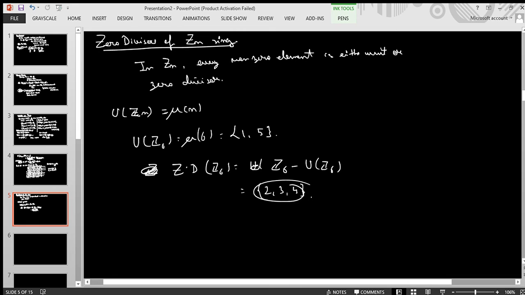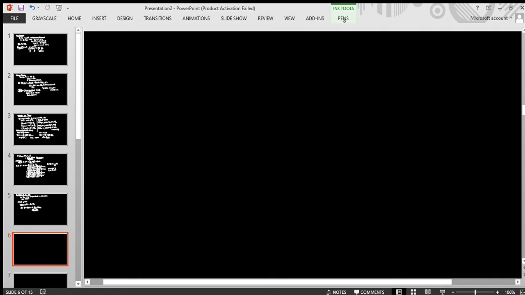Okay. Acha. The next important concept which we are going to study now is the concept of idempotent sets and nilpotent sets. So what are idempotent sets?